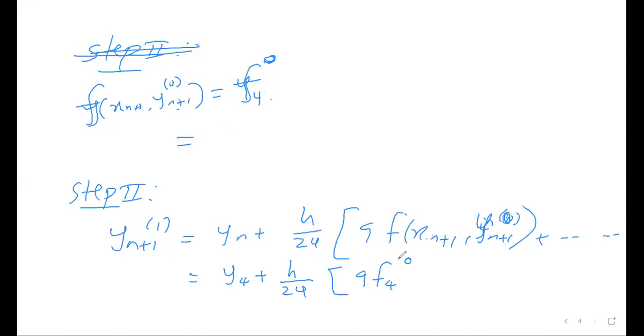I'm going to find it separately first. So f40, which is equal to f of x4, y4 of 0. Did you get that? So f40 means f of x4, y4.